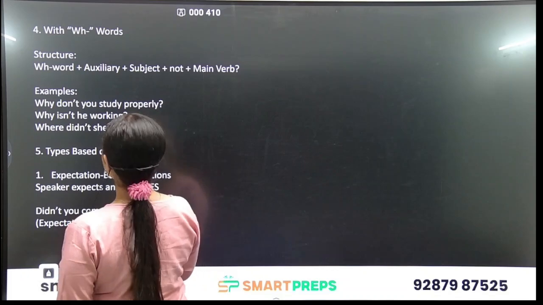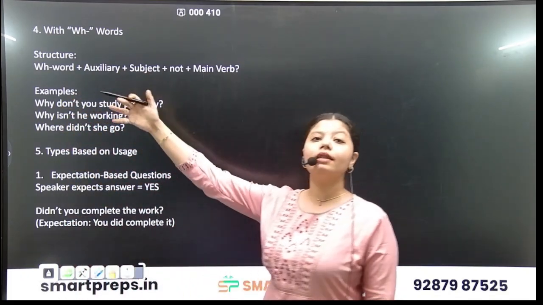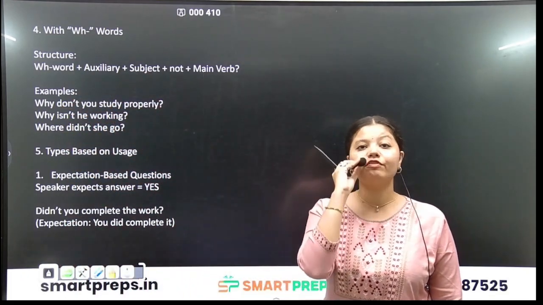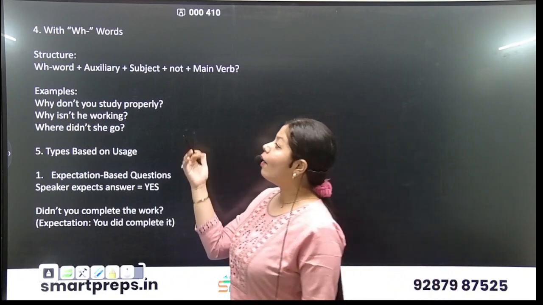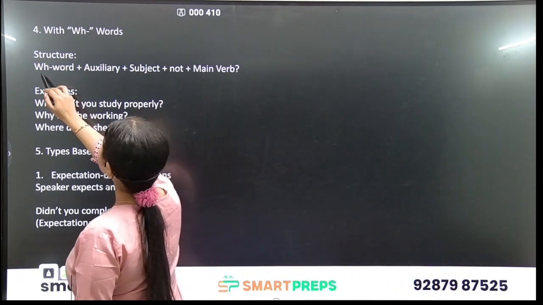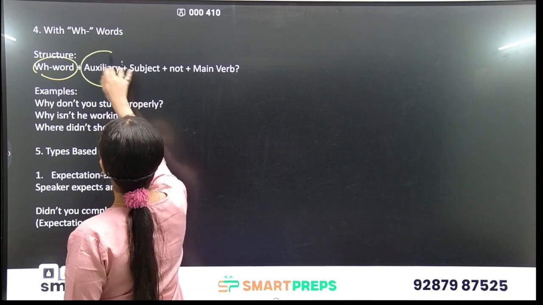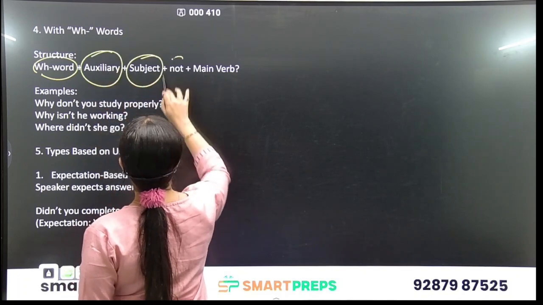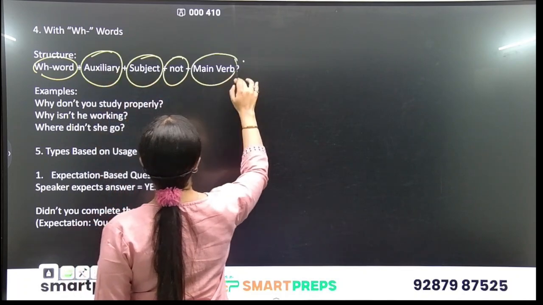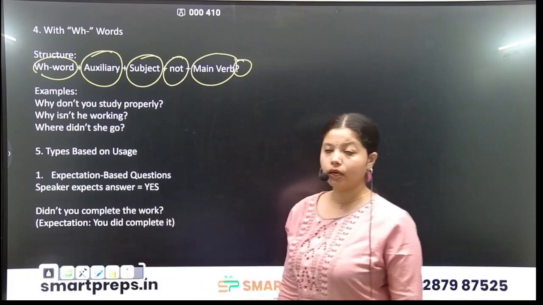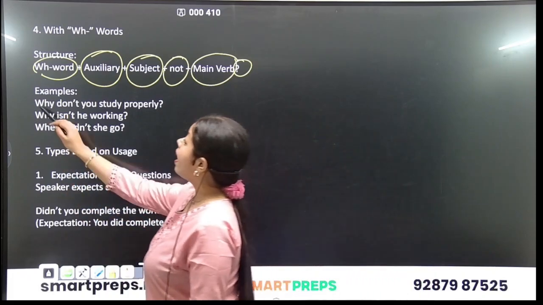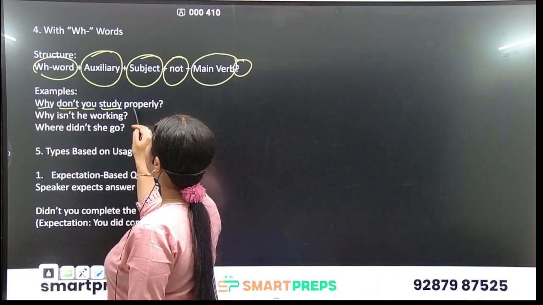Now let's understand how we use the WH words in negative interrogative sentences. How do we form it? WH words plus the auxiliary plus the subject, then the not and the main verb along with the question mark. Examples are, why don't you study properly?